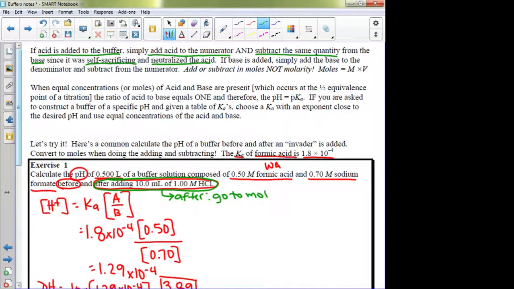All right. Now, remember, when we go to the after, we add or subtract in moles, not molarity. So we have to remember, and we just used this earlier, that moles is equal to molarity times volume.